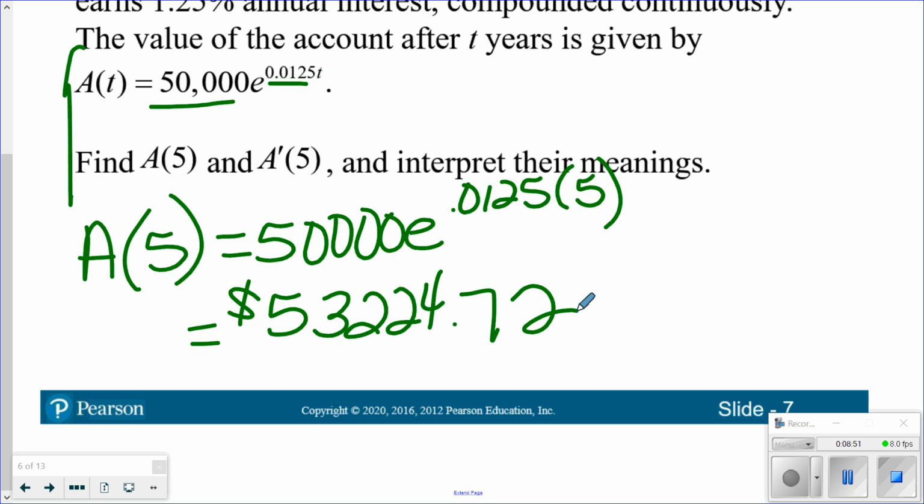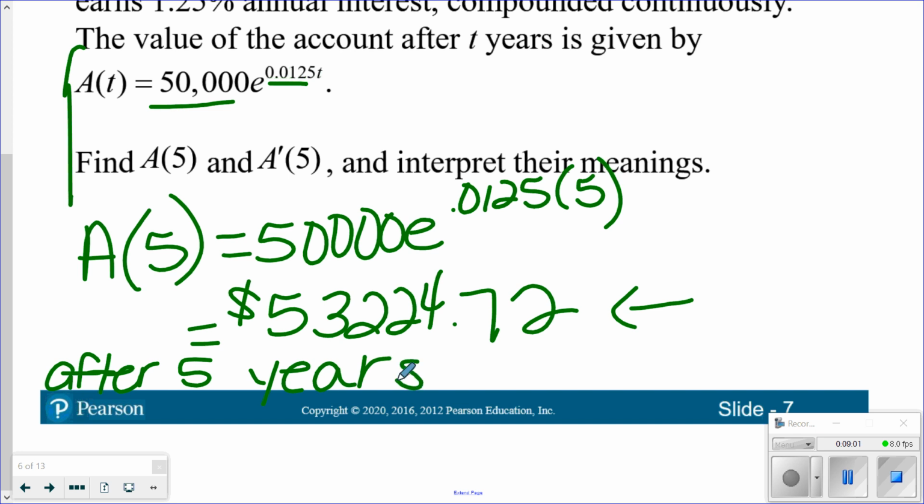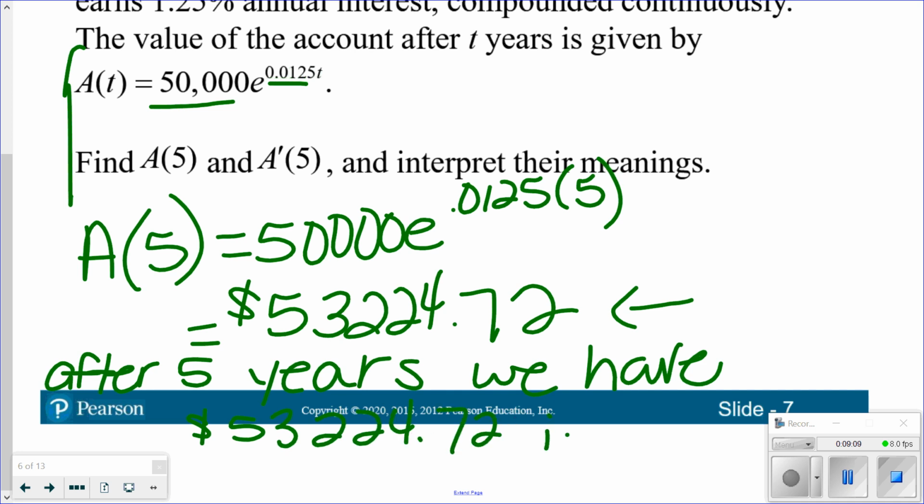So what that tells us is that after 5 years, we have $53,224.72 in the account. Okay, so that's our total balance in the account after 5 years.